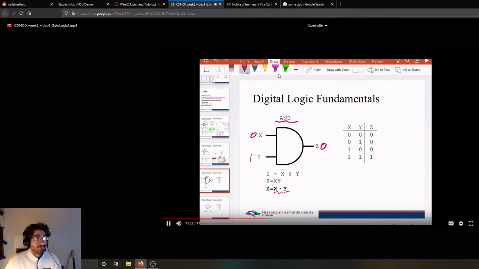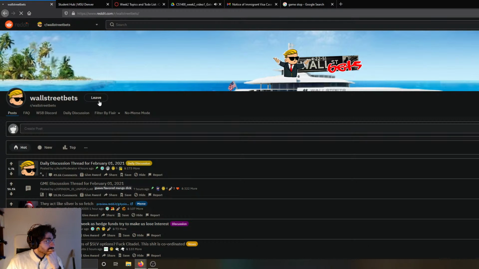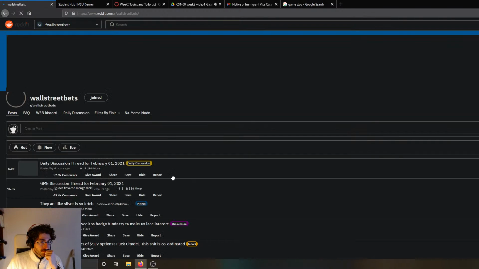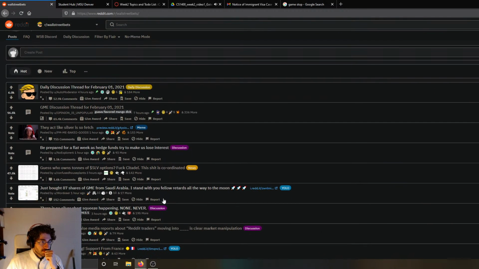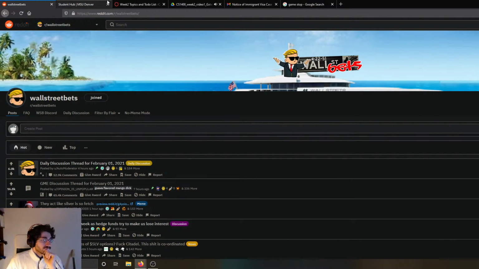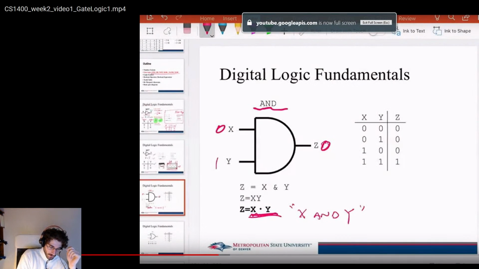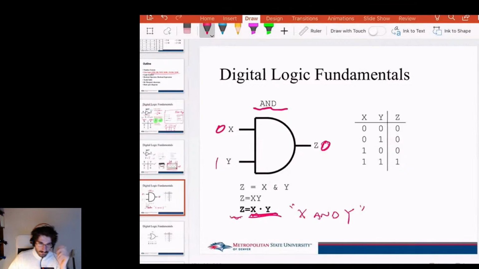But when we read it, this is of course not a math class, so we should read it as X and Y. And then when we talk about Boolean algebra in future weeks, I'm pretty sure all of us will start to read this as X times Y. But we should know that the correct way to read it should be X and Y. Okay, so the output Z equals X and Y, so that actually means the Z could be turned on only when both of the inputs are turned on.